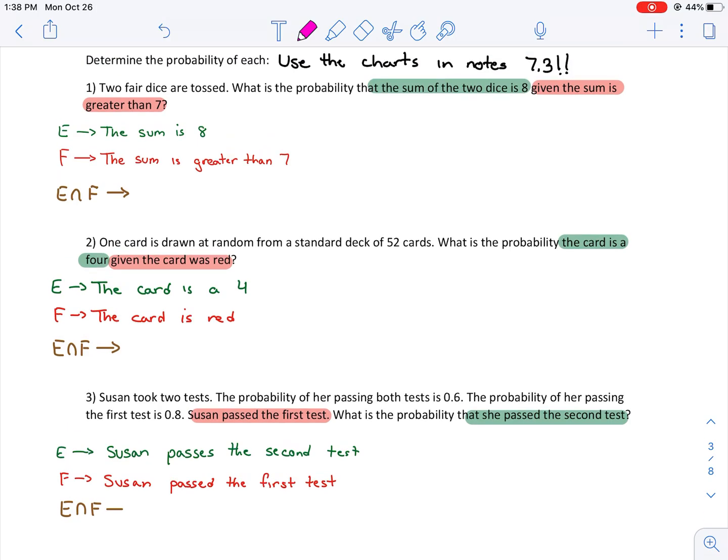Two fair dice are tossed. What is the probability that the sum of the two dice is 8, given the sum is greater than 7?